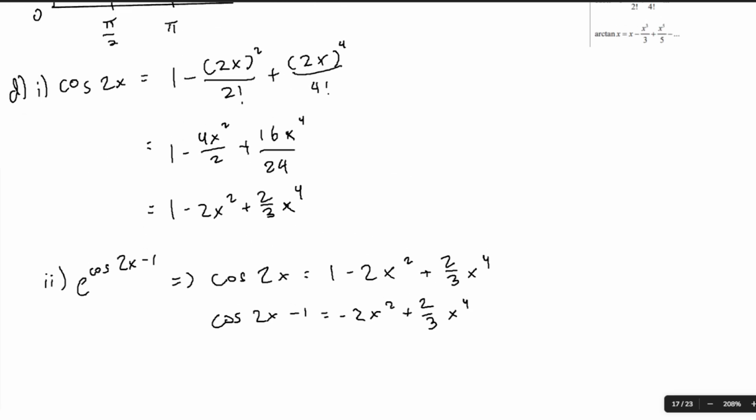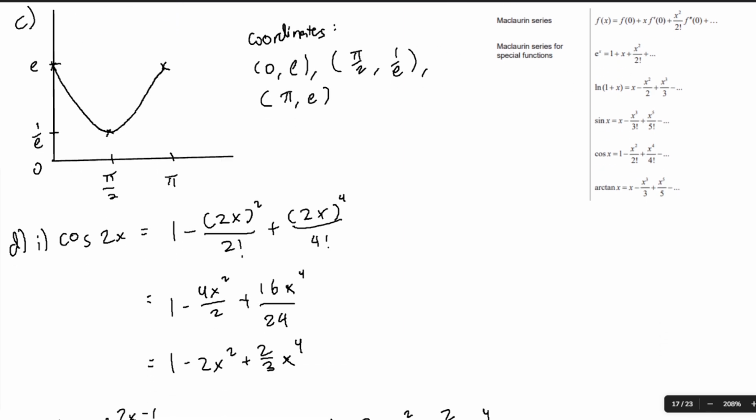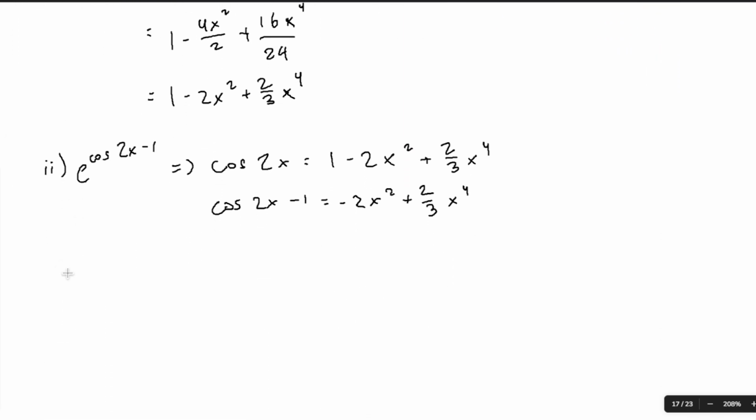And by knowing this, we can move on to looking at the e power x Maclaurin series function here. So it is 1 plus x plus x squared over 2 factorial. So we just do this.